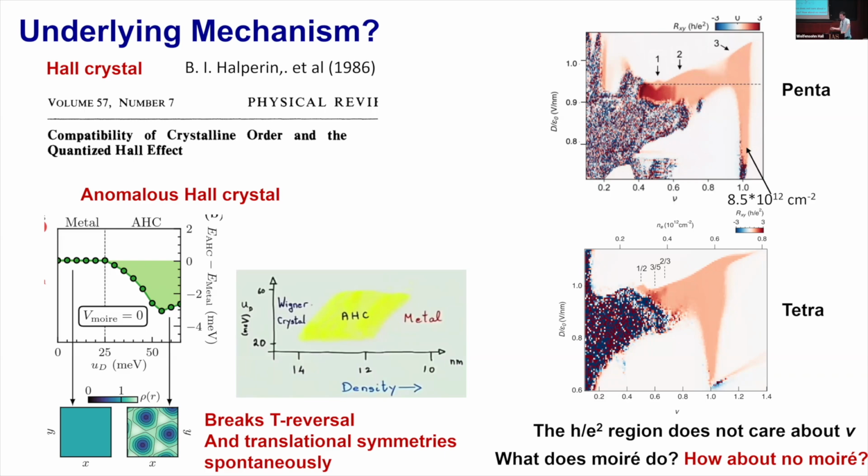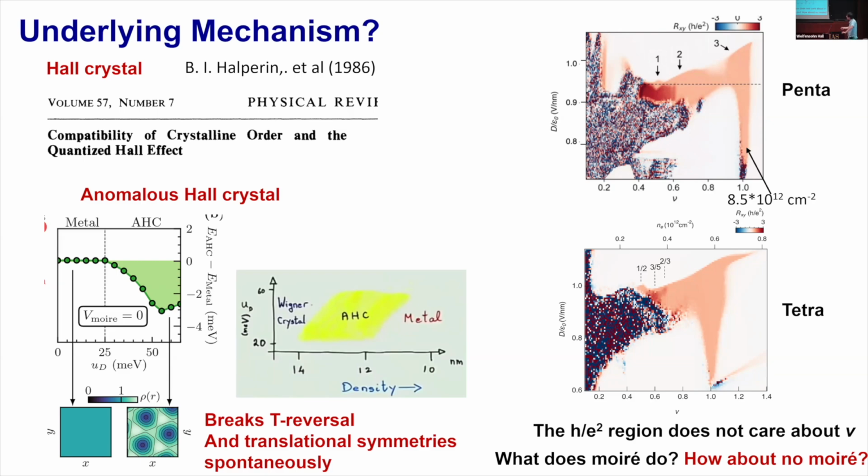But can these electrons break translational symmetry spontaneously, like in, for example, a Wigner crystal? And several groups sort of borrowed that idea and named it anomalous Hall crystal as maybe what's going on in this rhombohedral graphene hBN moiré superlattice. And in that case, the crystal has to break both time reversal symmetry and the translational symmetry at the same time, in a spontaneous fashion.